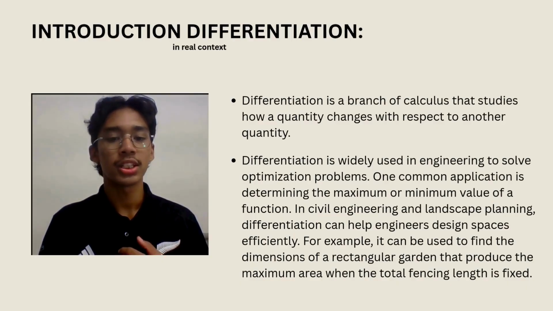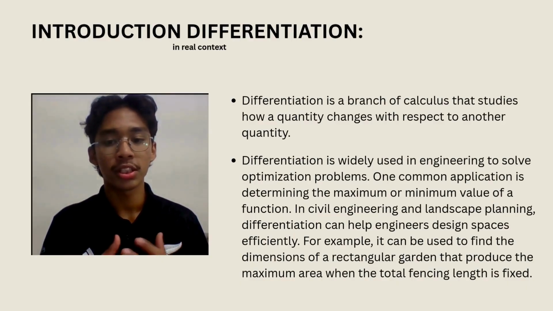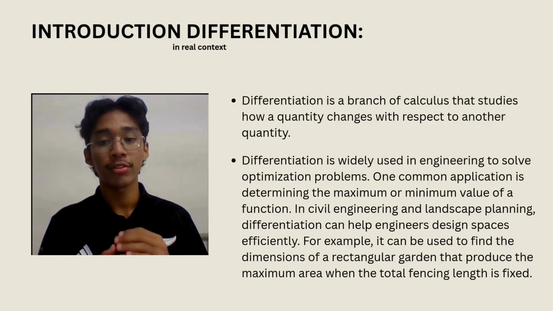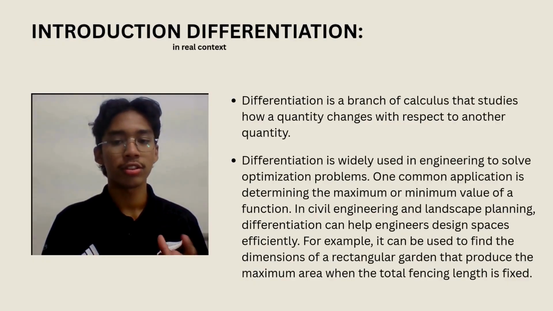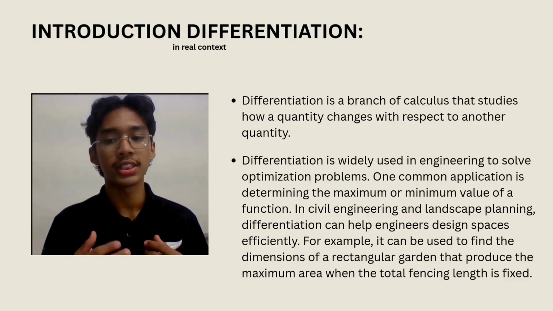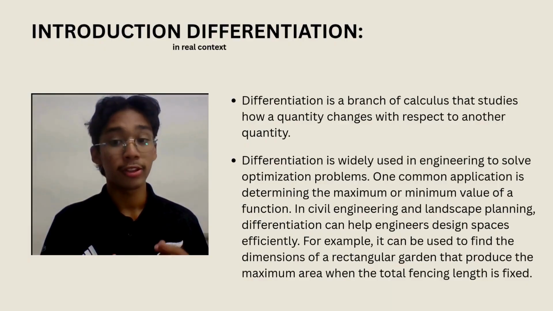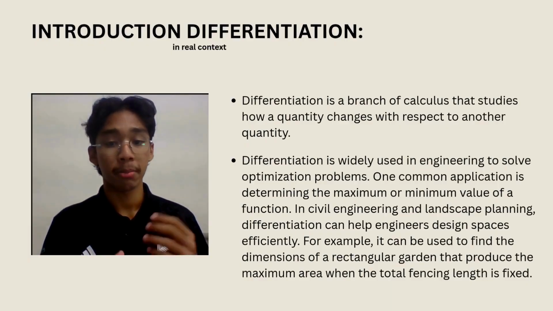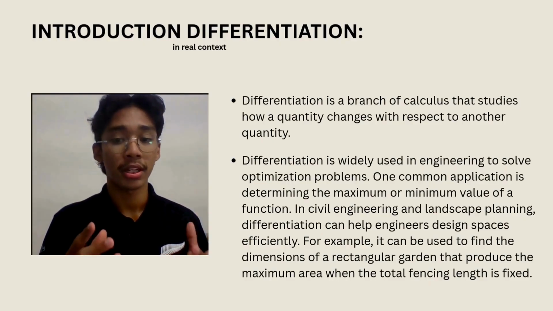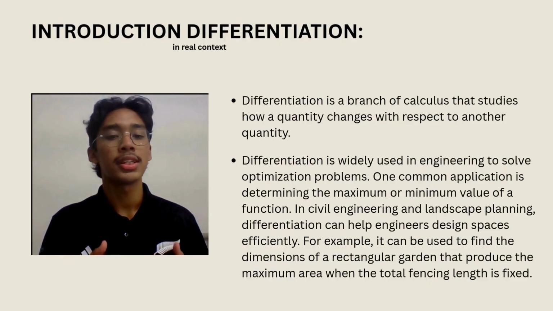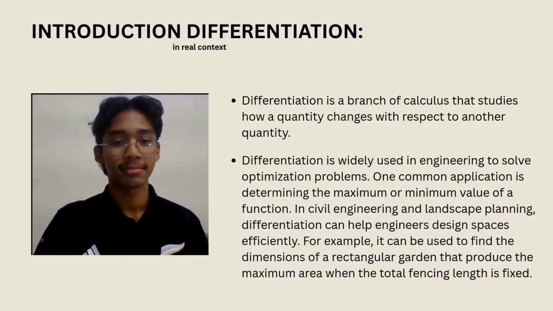One common application is to determine the maximum or the minimum value of a function. In civil engineering and landscape planning, differentiation can help engineers design space efficiently. For example, it can be used to find the dimensions of a rectangular garden that produces the maximum area when the total fencing length is fixed.